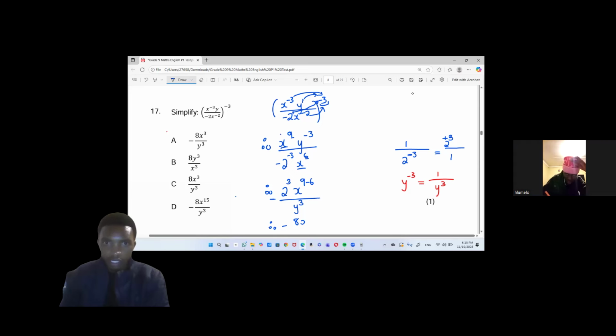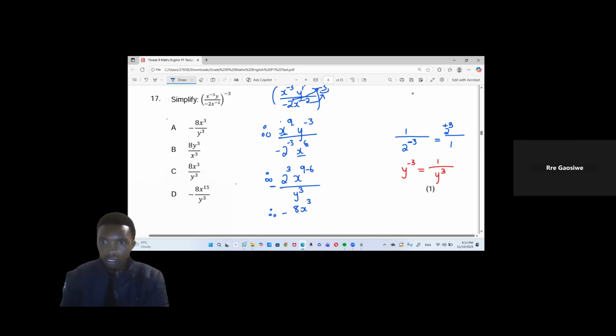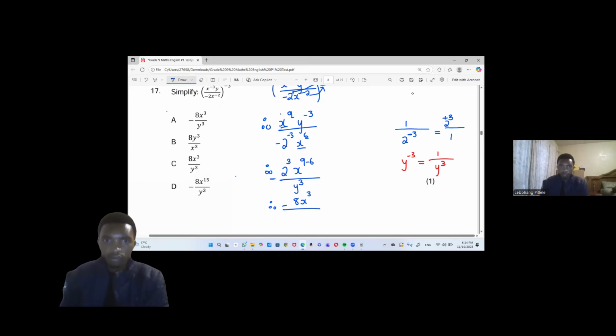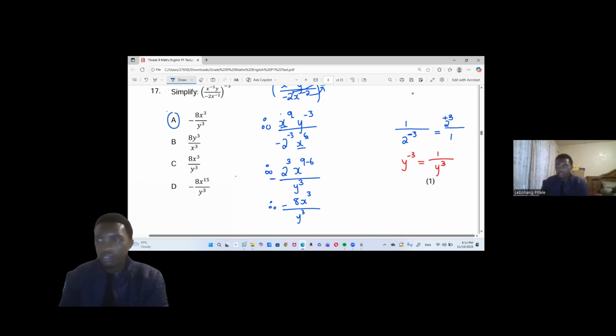We have x, 9 minus 6 is how much? 3. And then over y exponent of 3. So which one is our answer in this case? Our answer is A.